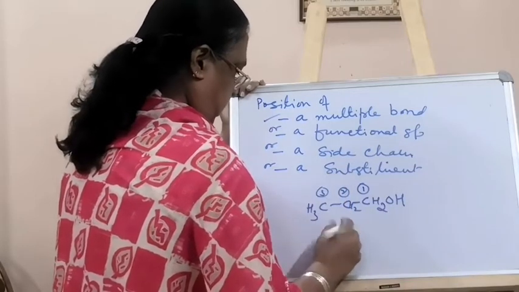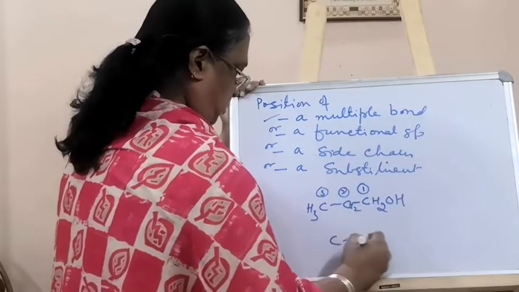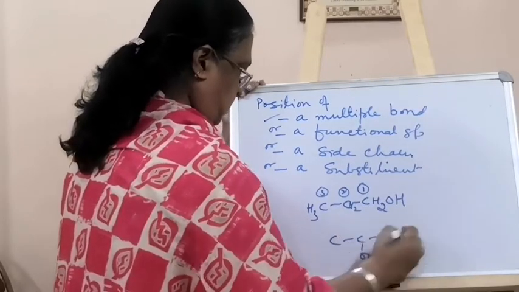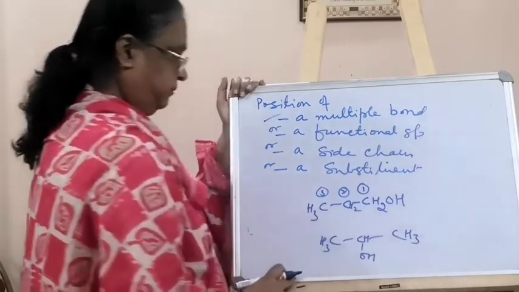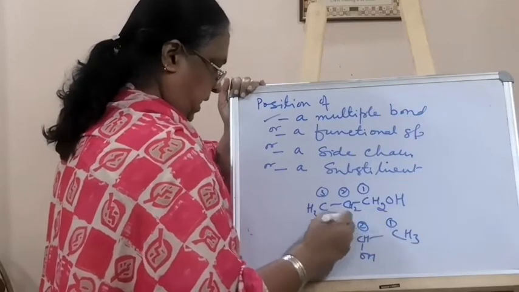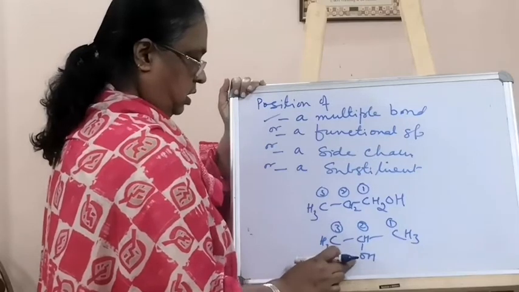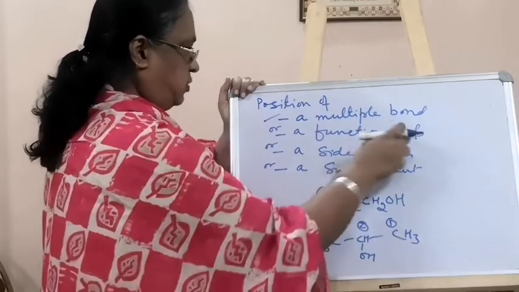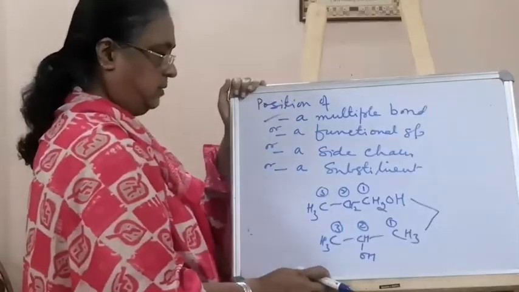Then you have CH3, or make 1, 2, 3 carbon OH here. CH3, CH, CH3. So here we have OH group is at 2. So this is position of OH, that is functional group is different. So these two are positional isomerism.